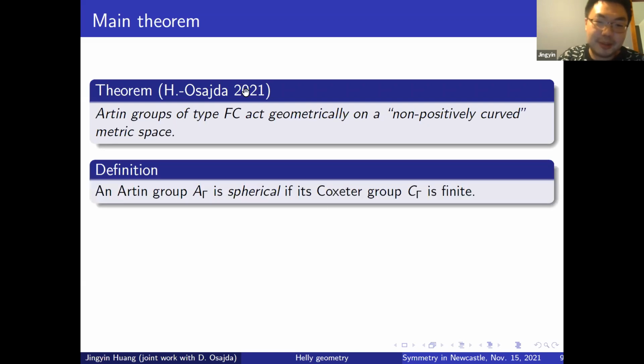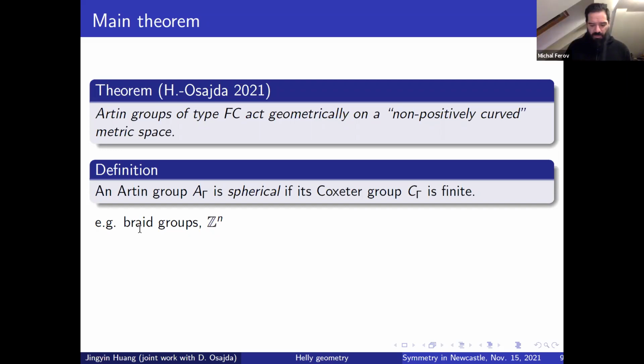Okay, so now I want to explain what I mean by type FC. This is a technical condition. First I define that an Artin group is spherical if its Coxeter group is finite. For example, all the braid groups are spherical Artin groups because the Coxeter group associated with the braid group is the permutation group, as we've seen before.